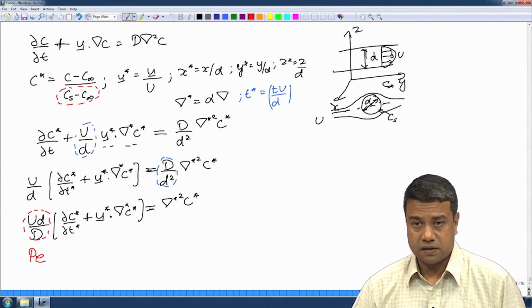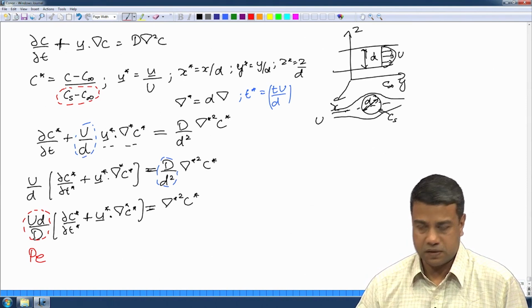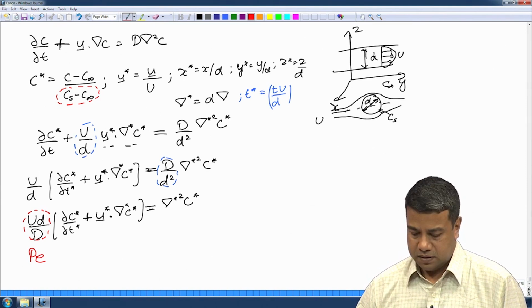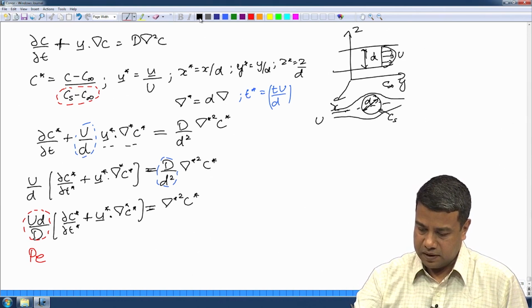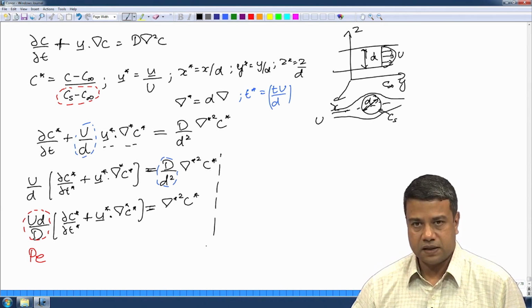This is the general structure of the equations of motion. This is how the equations of motion generally look. If I were to do the same for heat transfer, I would get exactly the same. It is exactly analogous.